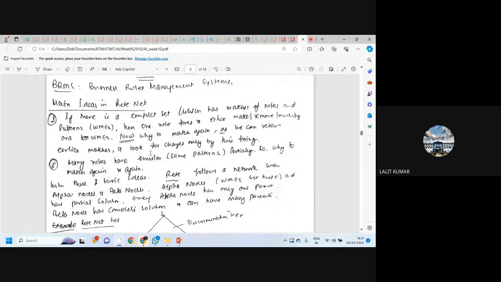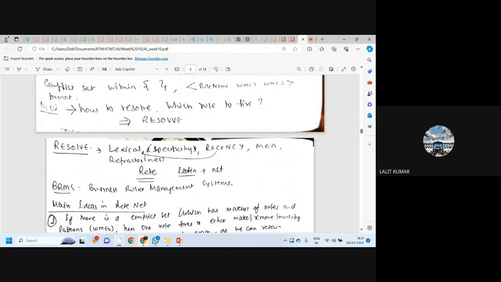The basic idea of Rete is that in a rule-based production system, we can see two problems. One problem is that in every cycle we have to match again and again, and this might become computationally expensive. So the Rete idea was this: in the first match, for example, 10 rules matched with 30 working memory elements, so we have got a conflict set, for example with 40 entities.